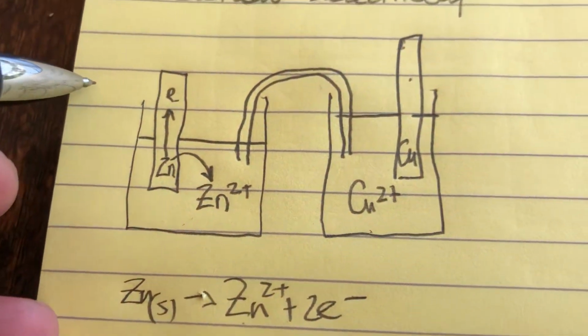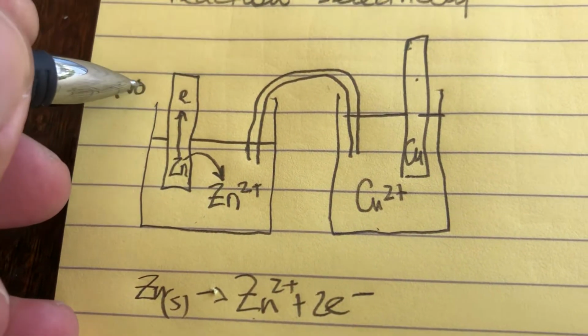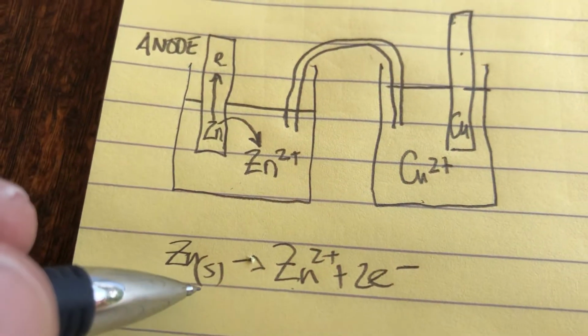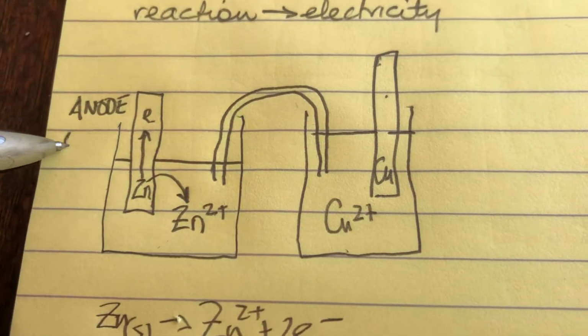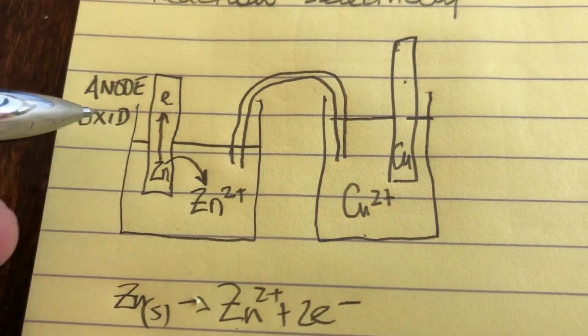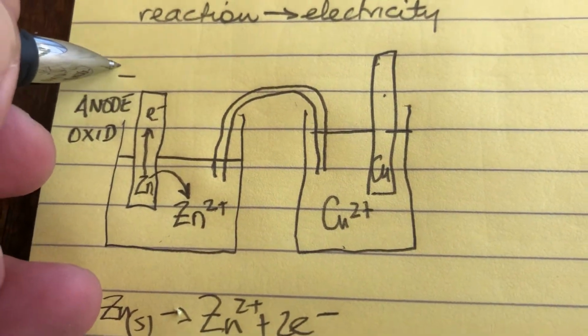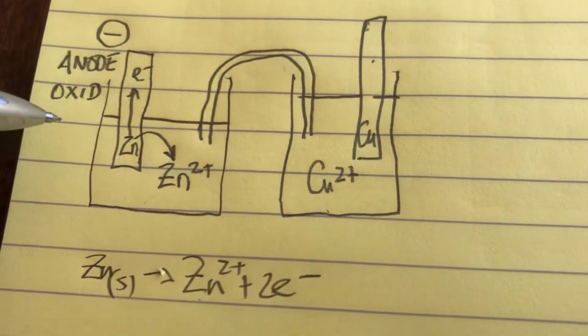Now this is occurring at the anode. Anode is always where oxidation occurs, and this is an oxidation reaction. Right? So we can label this as anode and oxidation, and because the zinc is releasing electrons, that makes the anode negative.